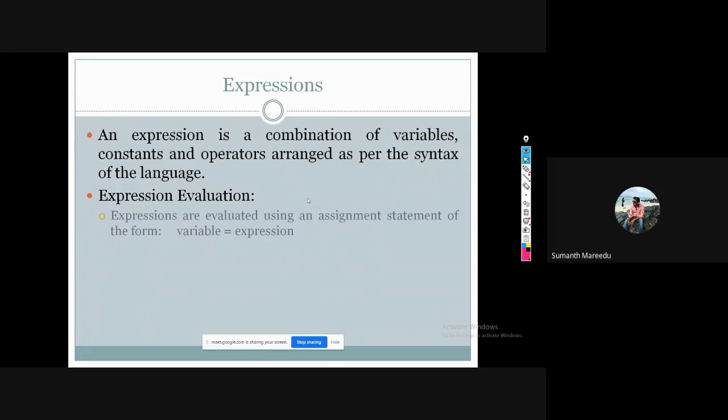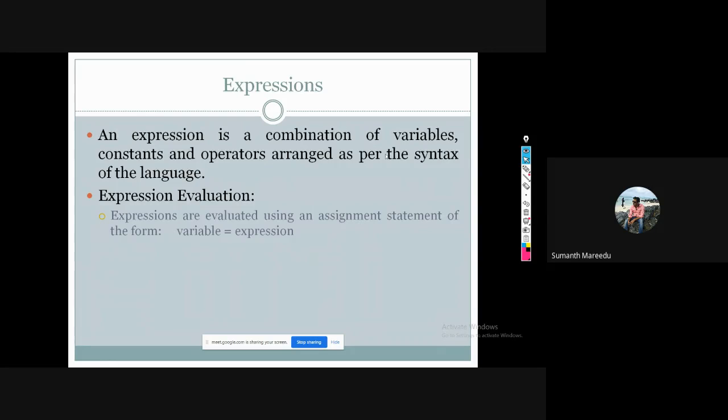So that is called evaluating expressions. Once you write an expression, the value of that expression, that means after applying all the operators in that expression, results in one value. So that value is assigned to the variable.